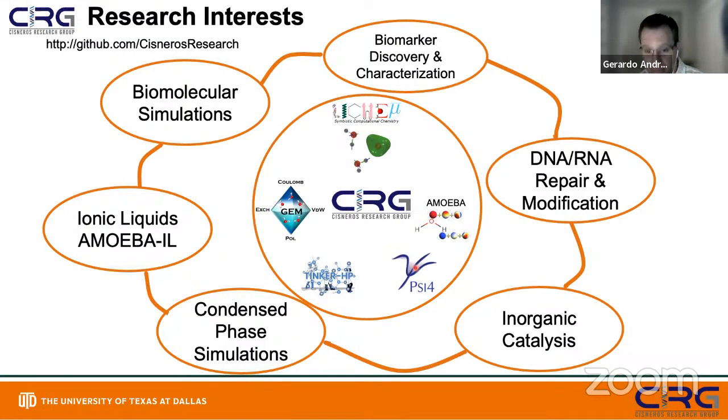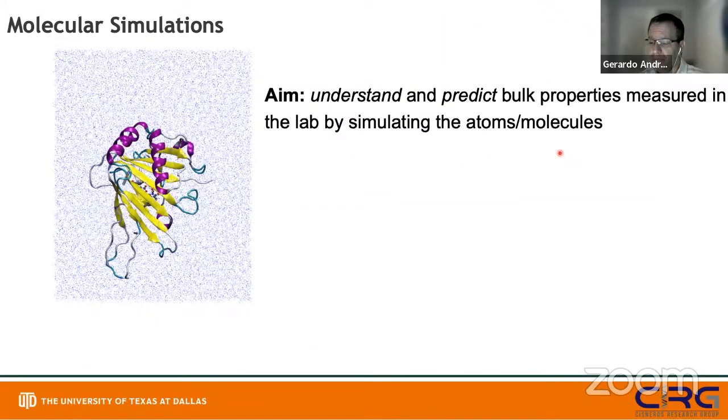Both are in the public domain on GitHub. We also contribute to force fields such as Amoeba and a bunch of other stuff. I'm not going to go into all of the things that we have done. I'm just going to touch on 2 of the areas of research that we cover in our group. But by and large, our main objective is to use molecular simulations to understand systems that we're interested in.